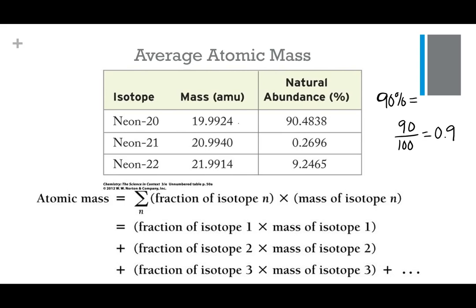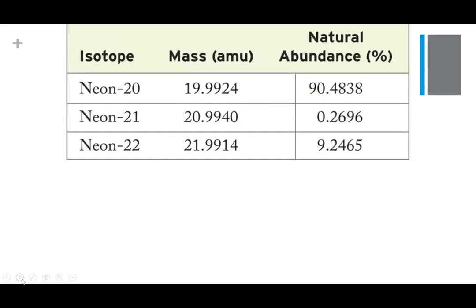So if I was taking the weight of this isotope times its natural abundance, I would take 19.9924 times 0.9048. So make sure you're doing it by the fraction or the decimal, not using the percentage. Common mistake.